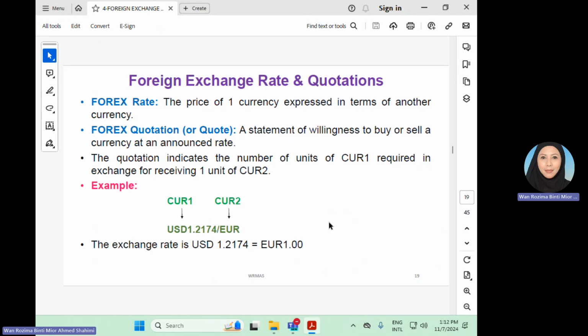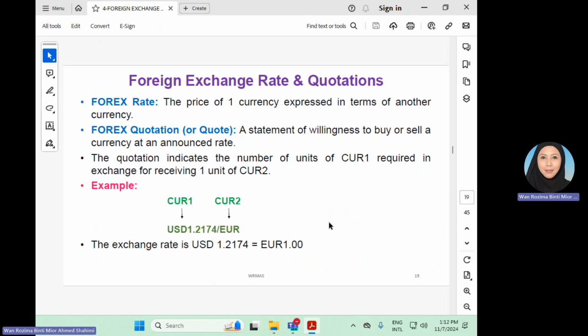The first one is what we call the numerator. The first currency that you see is the numerator. The second currency that you see, based on the sequence, is what we call the denominator.